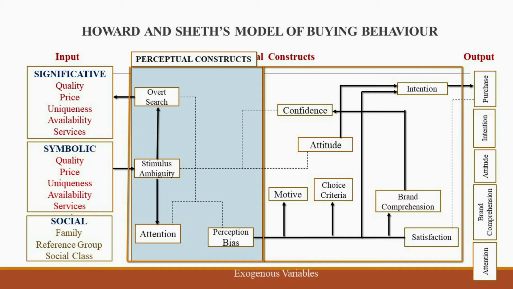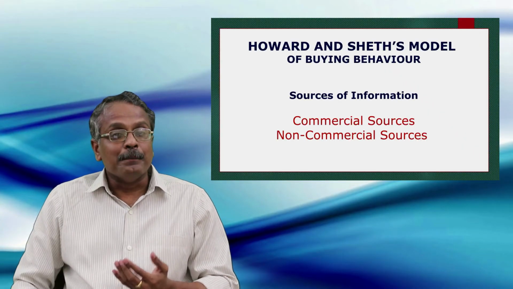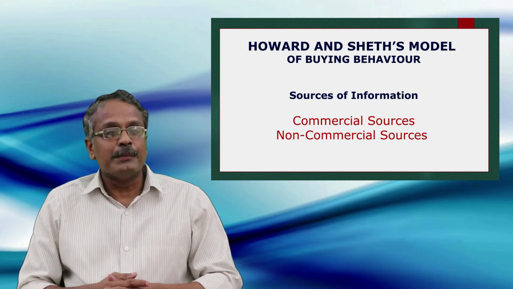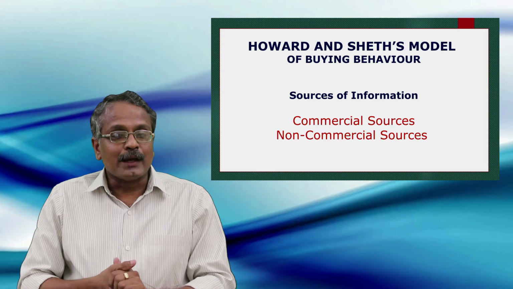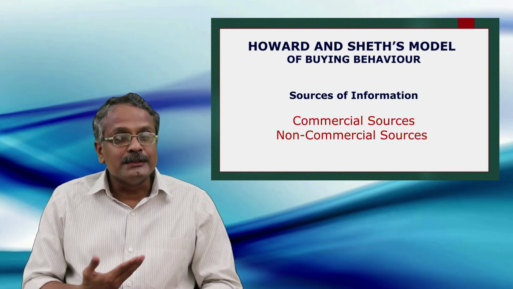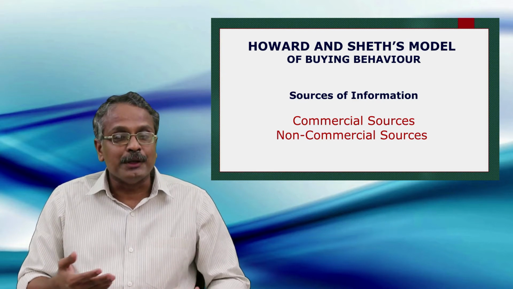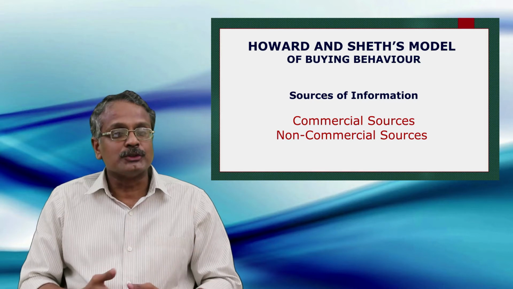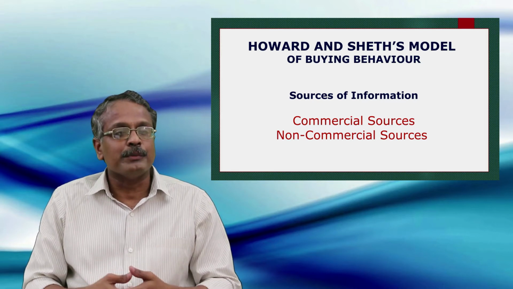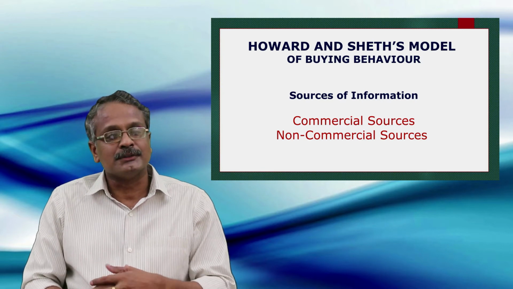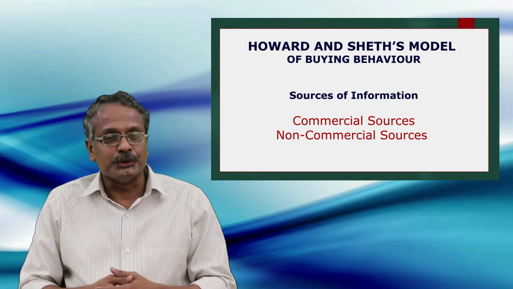This search leads him to various sources of information. We know that many commercial and non-commercial sources are there to supply information. The consumer can make use of some commercial sources such as company websites, advertisements of the product, or he can directly go to a showroom and collect information from the salespersons. All these are the commercial sources.